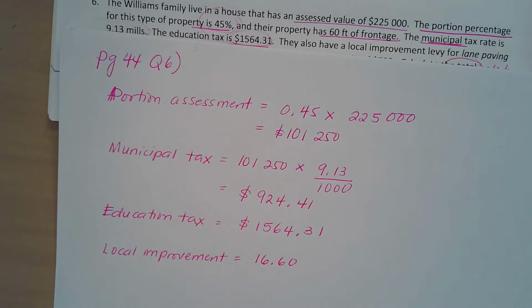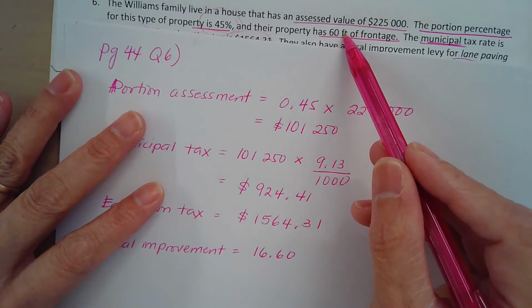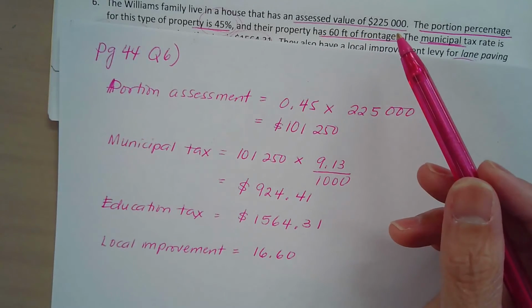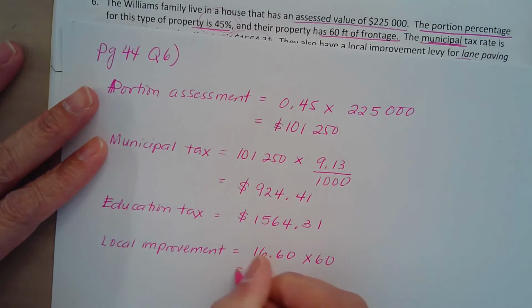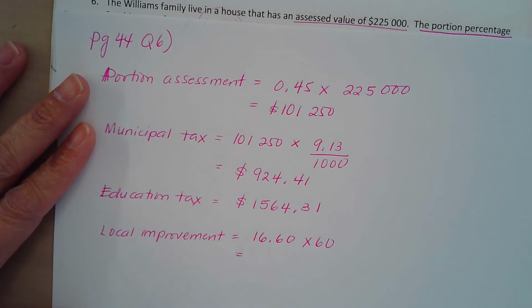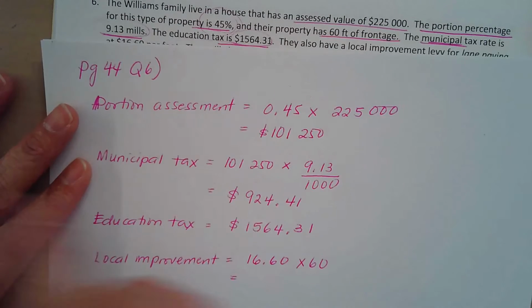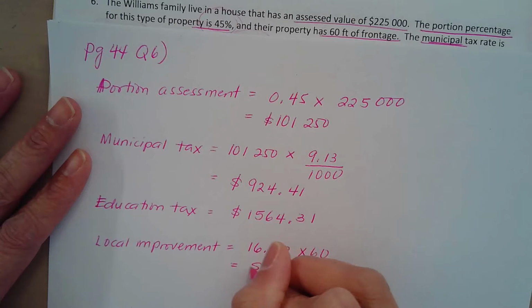How many feet do they have in front of their house? It says 60 feet, so we have to multiply by 60. This is a separate calculation: 16.60 times 60 is $996 even.